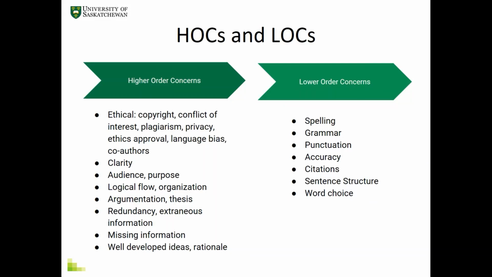But there's no point really fiddling around with the lower order concerns in your writing process until you've addressed the higher order concerns, because when you make changes to the higher order concerns, you're going to introduce or take away some of the lower order concern work. So you could really waste your time if you're focusing on lower order concerns at the same time.